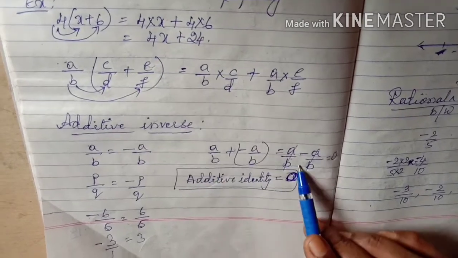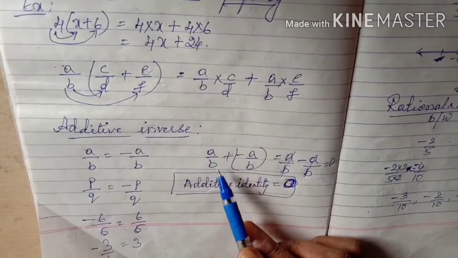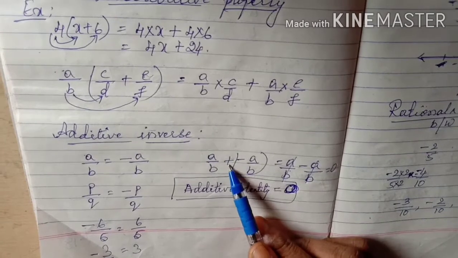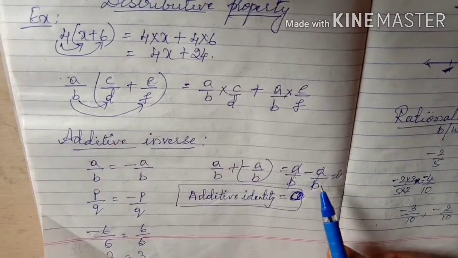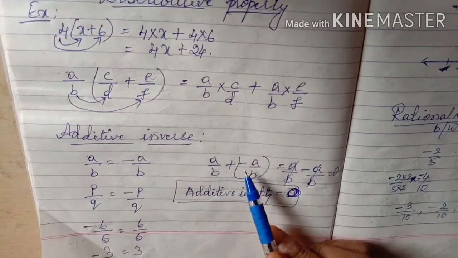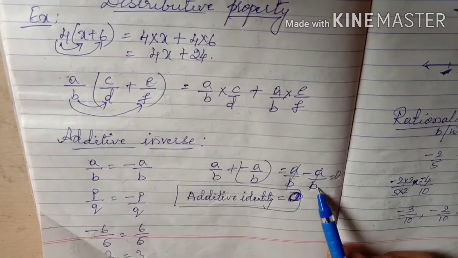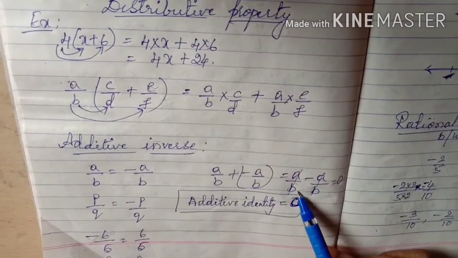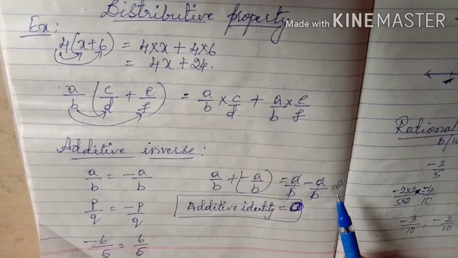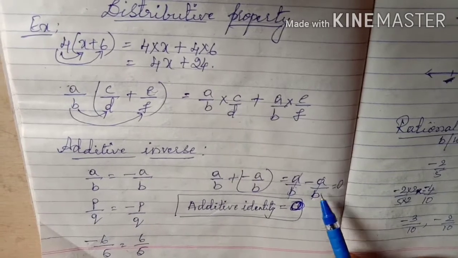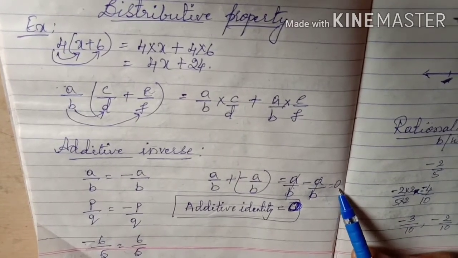What result do we get? a/b, write as it is, plus into minus, what is plus into minus, children? Minus. Yes or no? So it is minus a/b. Now a/b minus a/b is what, children? 0. Yes or no? a/b and a/b get cancelled, so we get 0.